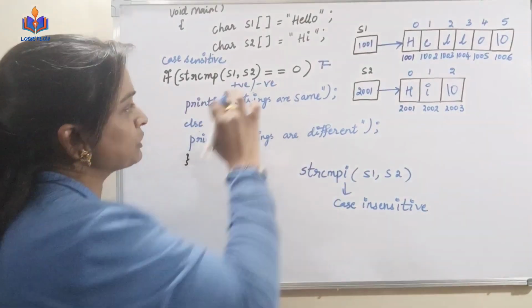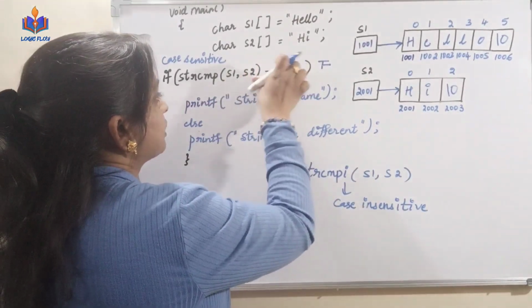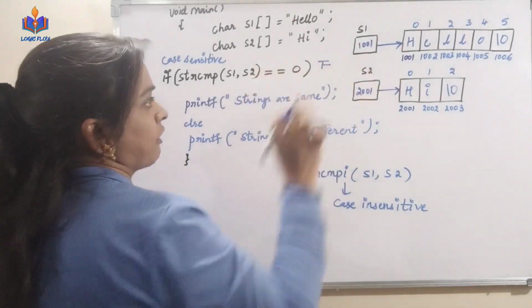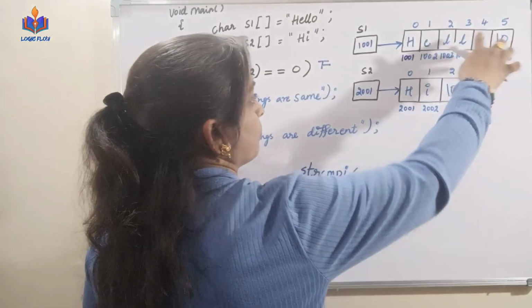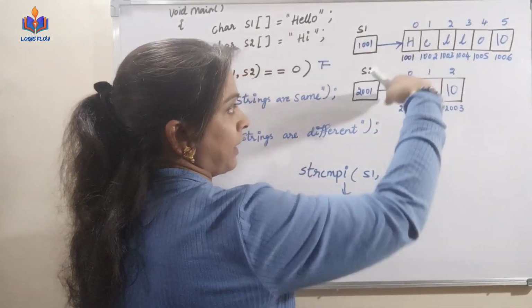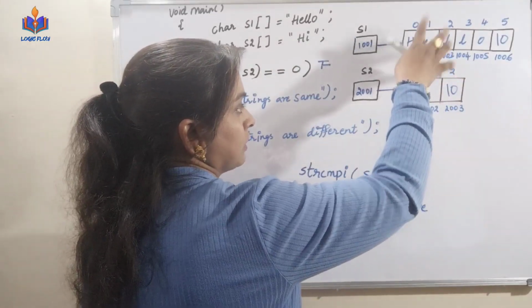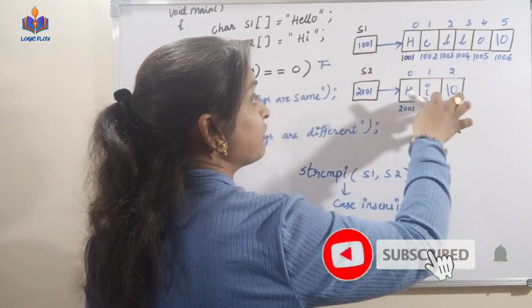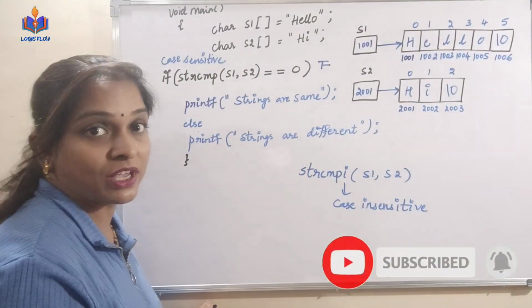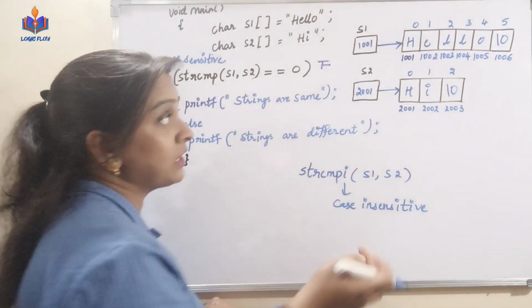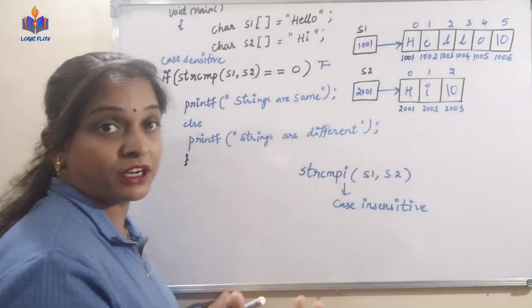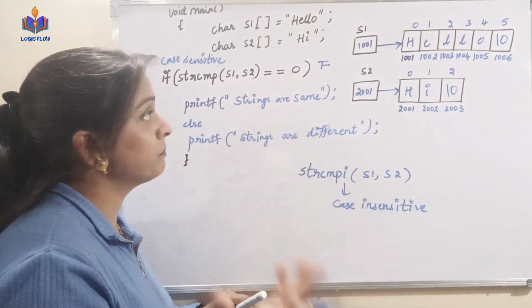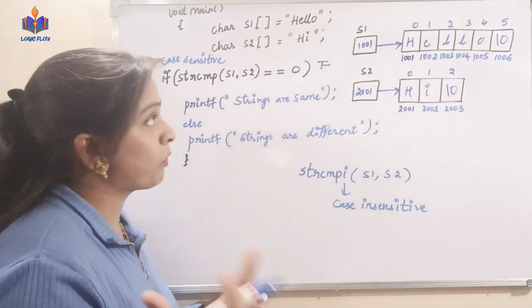So let me check here. What happens with this string that I have mentioned here? I say hello. It is going to compare character by character. H gets compared with H. Yes, done. E gets compared with I. No, with respect to ASCII values, the ASCII value of E is different from the ASCII value of I. So it is going to return some value, it may be positive or negative.